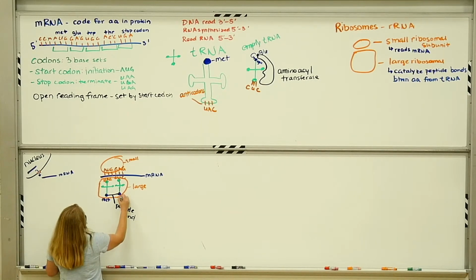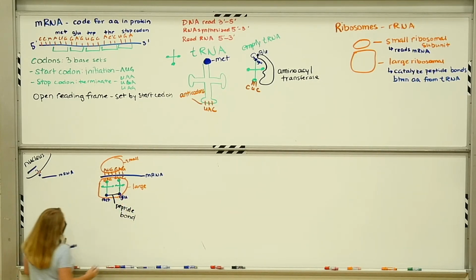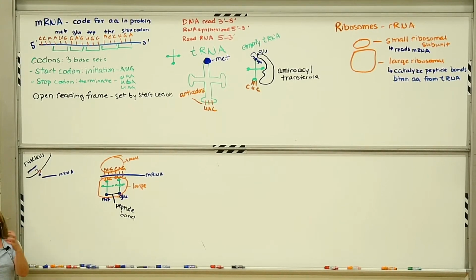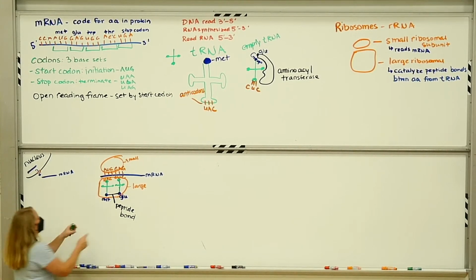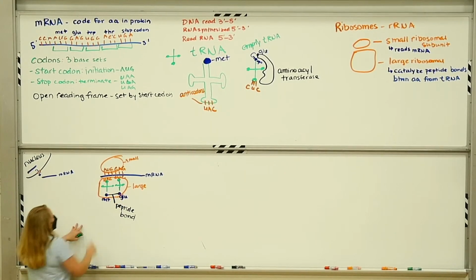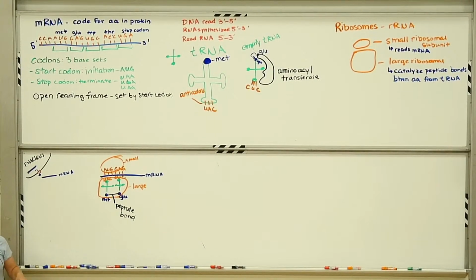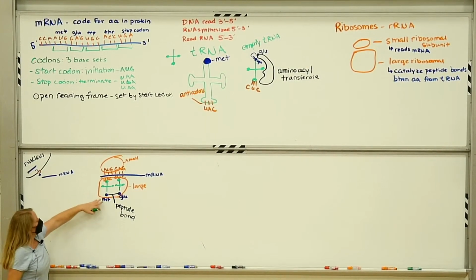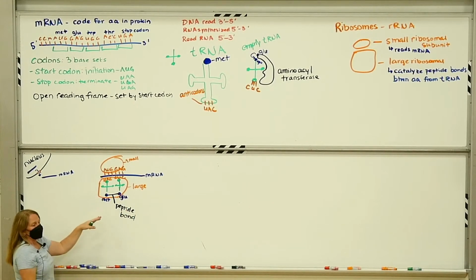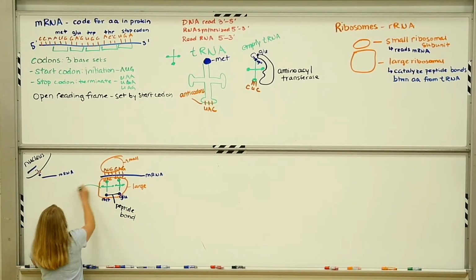So this was glutamate. When these get bonded, peptide bonds between these amino acids, the tRNAs can release them. Okay, so the tRNAs will drop those amino acids. They're now becoming part of the protein that's being made, and the tRNAs can leave.